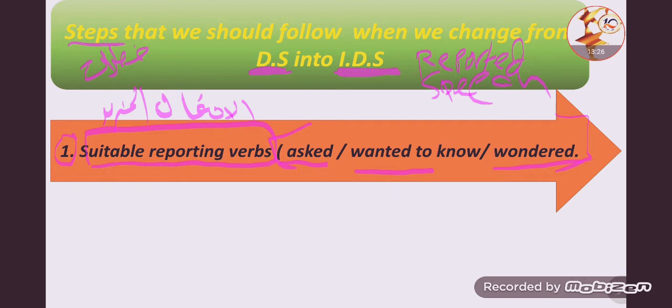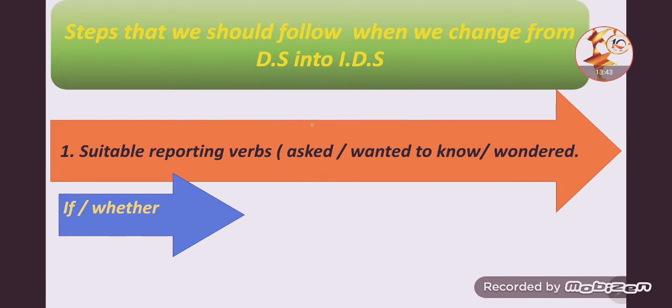You just should report the direct question or the direct sentence. يعني reporting sentence الجملة الخبرية بتكون جاهزة محطوطة عندك وانت عليك تكمل. Okay. So as I told you, these are the reporting verbs that we use in indirect question or reported question. Asked, wanted to know, wondered.